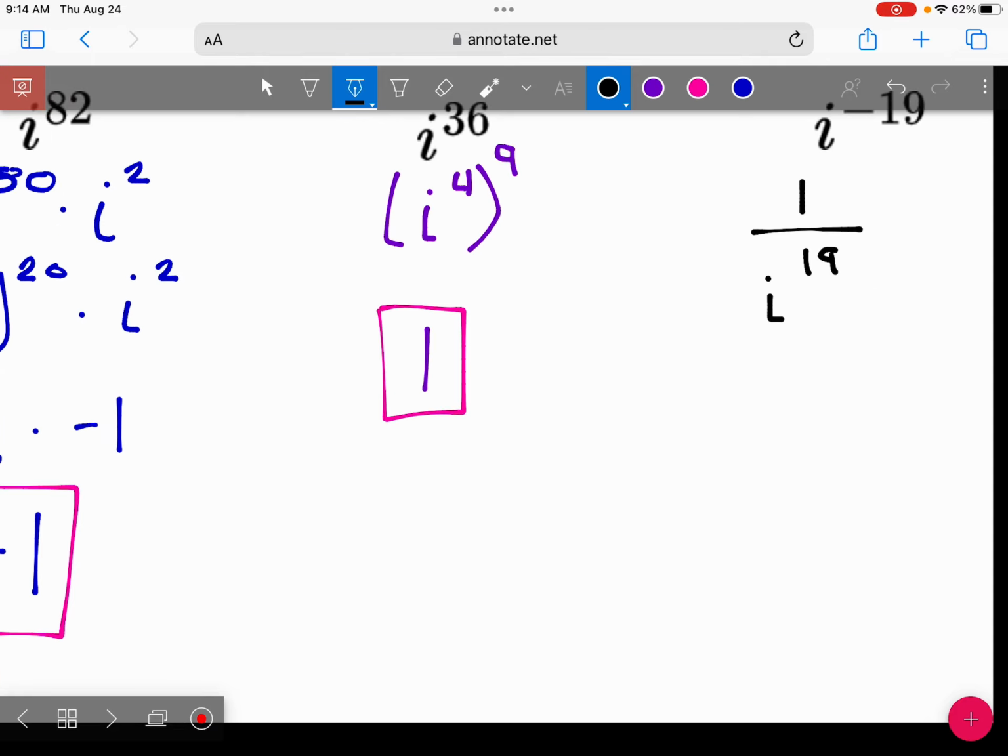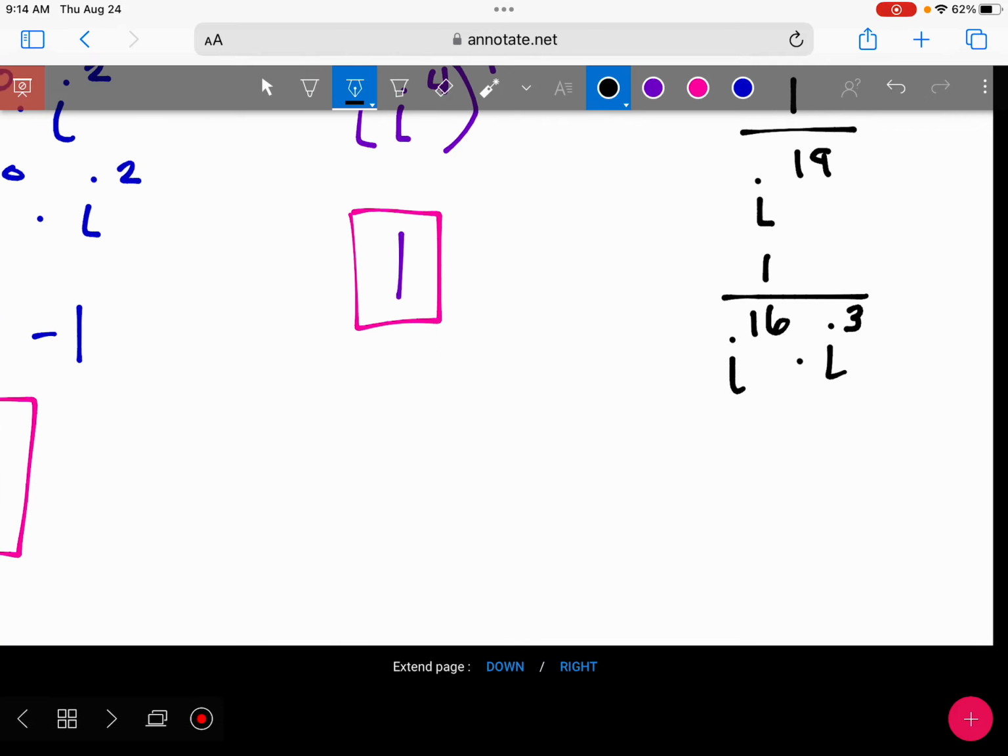Still going to simplify this the same way. 1 over, and I can pull out i to the 16 times i to the 3rd, because i to the 16 is 4 to the 4th, right? So this is just 1 over i to the 3rd.